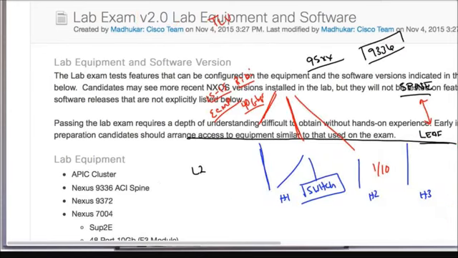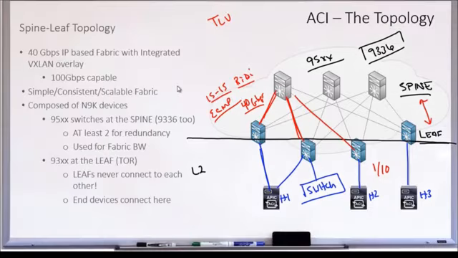So going back over here, go back to this. Those are typically going to be your spine switches. So again, the 9336 or the 9500 more modular switches. And the 9500s can have 40 gig, 100 gig line cards in them that give you the capability to either be a spine or a leaf or basically just like a top of rack.